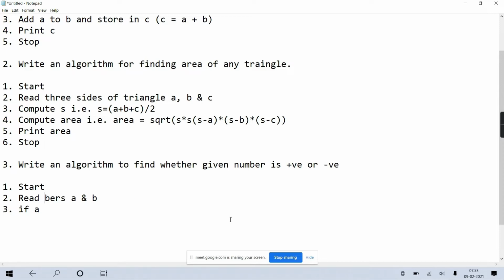That is a mistake I made. Accept one number n, suppose. Now I'm going to check whether n is greater than 0.